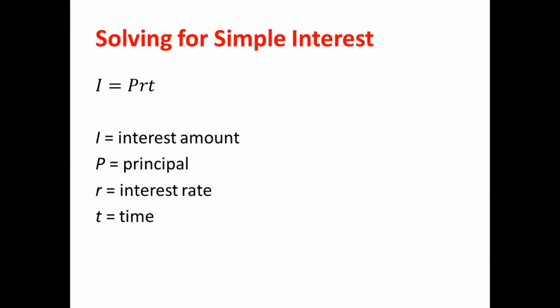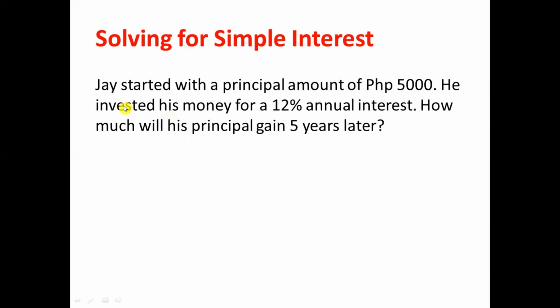So, what you basically do sa mga word problems is that you just take or list down yung ano yung time, ano yung interest rate, ano yung principal, and then you just plug in sa formula to find the answer. It's that simple. So we will have an example word problem in the next slide.